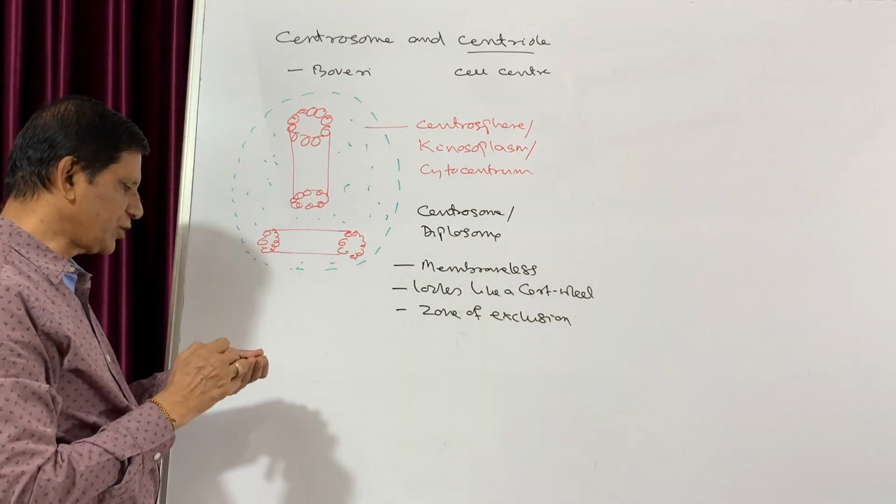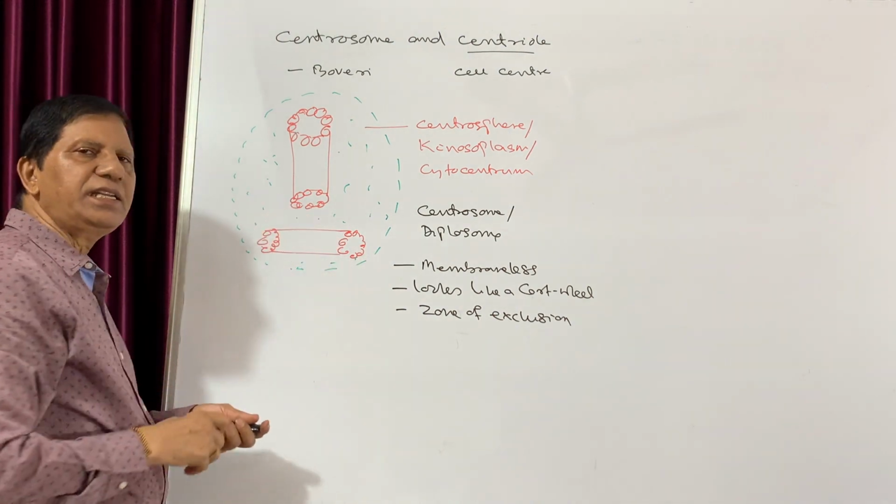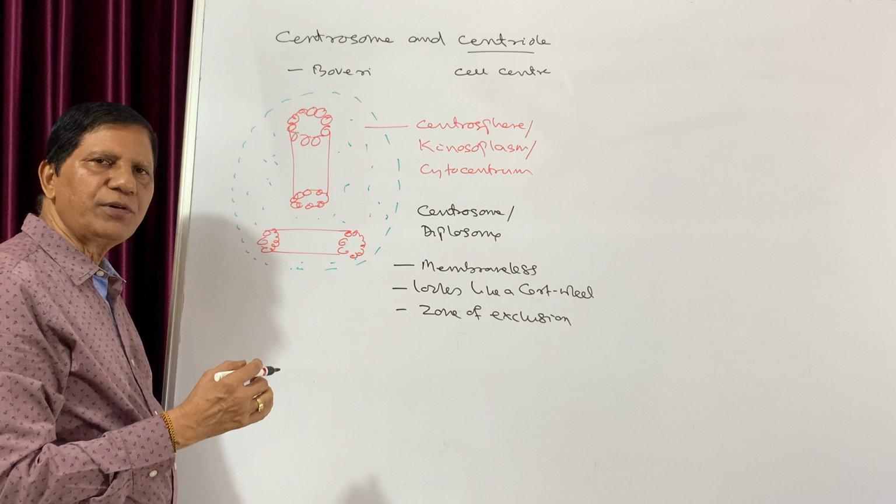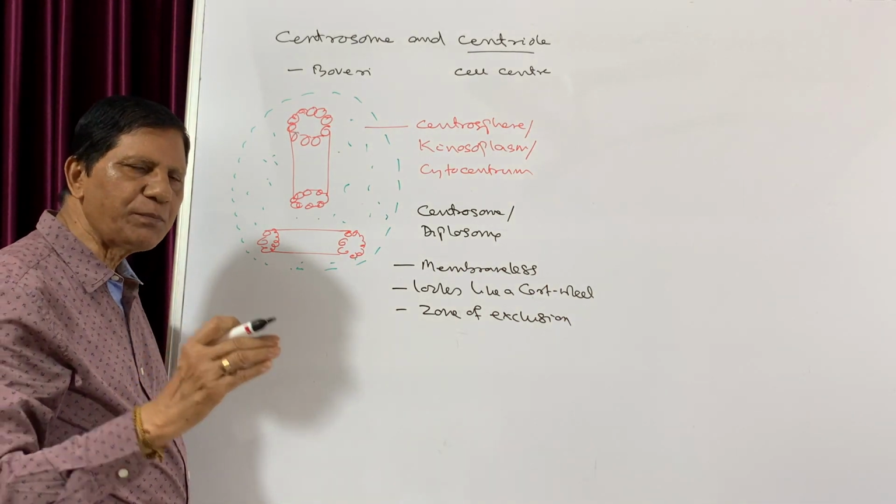So what is the structure of each centriole? Each centriole usually consists of 9 peripheral triplets.